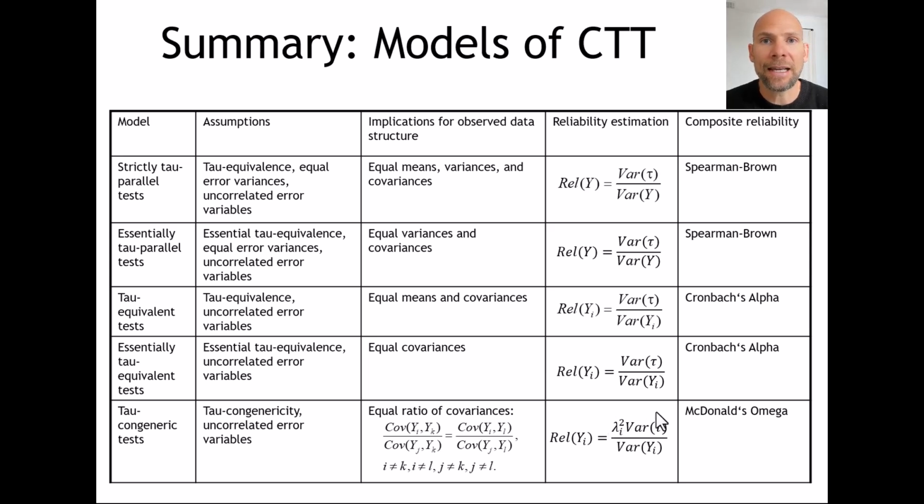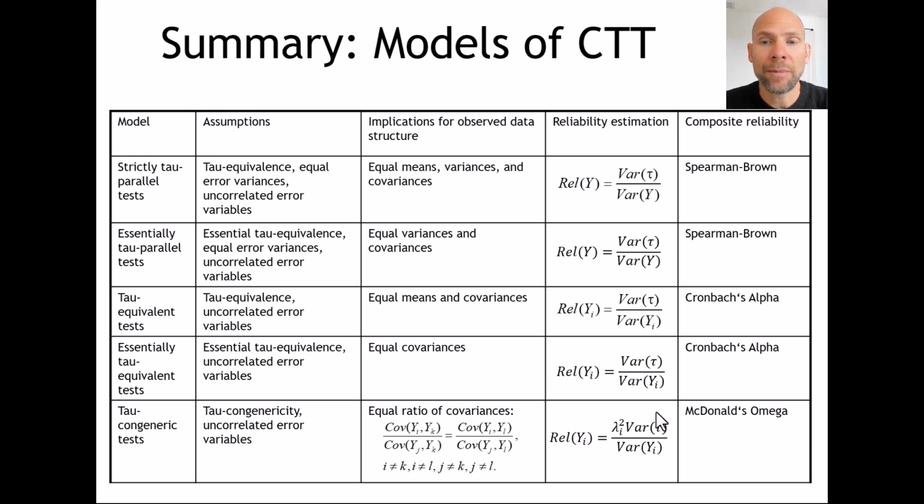So that's a scaling parameter that is needed in the congeneric model because the variables can be measured in different units of measurement. They can have different variances. And so as a result, too, we have to scale the true score variance in the reliability formula by lambda squared.